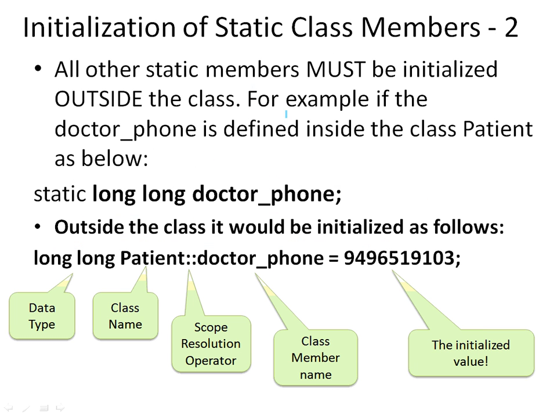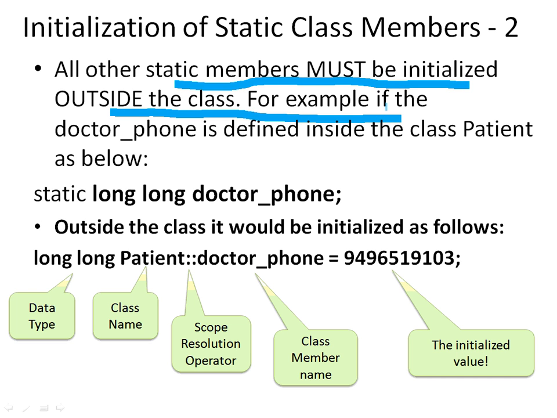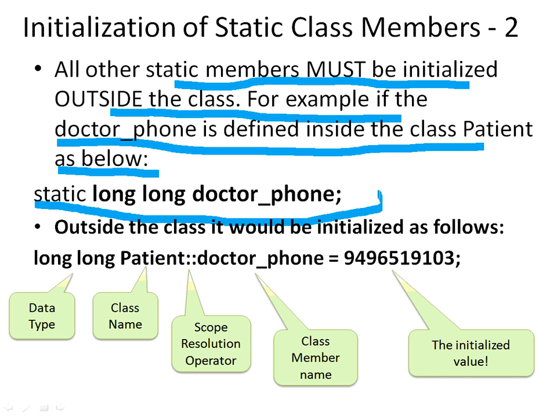Other than static const int, all other static members must be initialized outside the class. For example, if doctor phone is defined inside the class patient as below, then outside the class it would be initialized as follows. Data type, class name, scope resolution operator, the variable name, doctor phone number, and the initialized value.